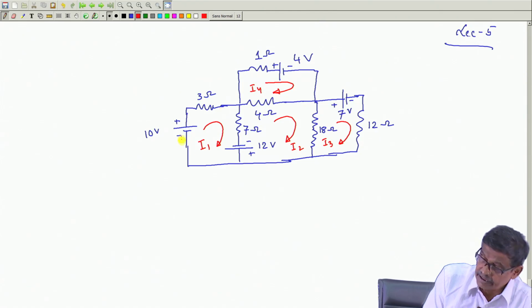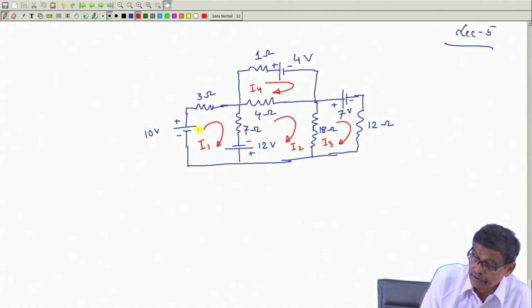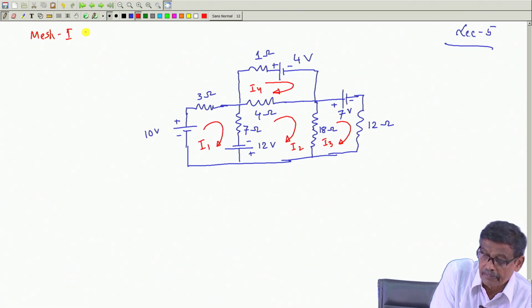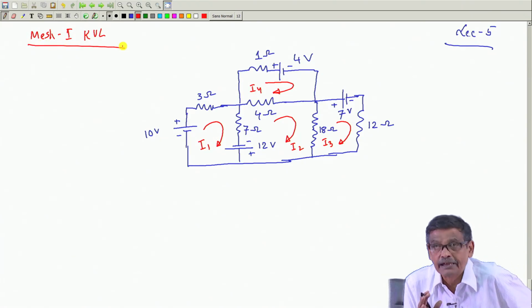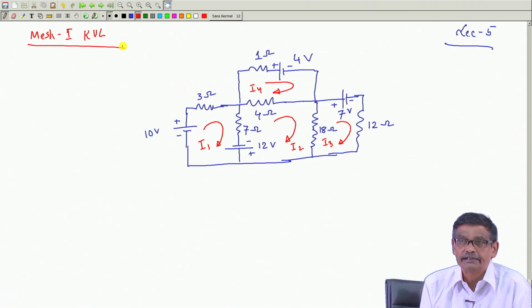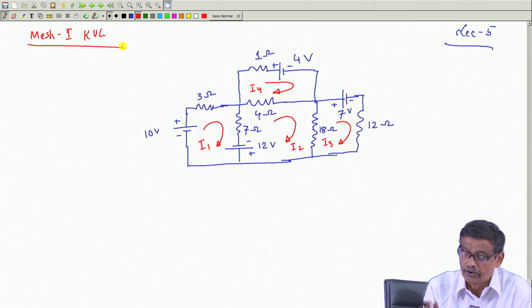First, KVL in mesh 1. Very simple to write. I will not spend any time bothering too much about plus minus, those days are gone now.